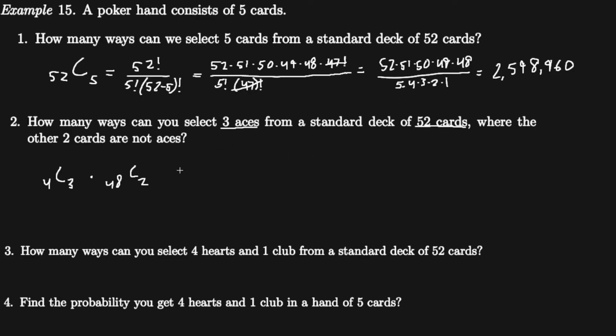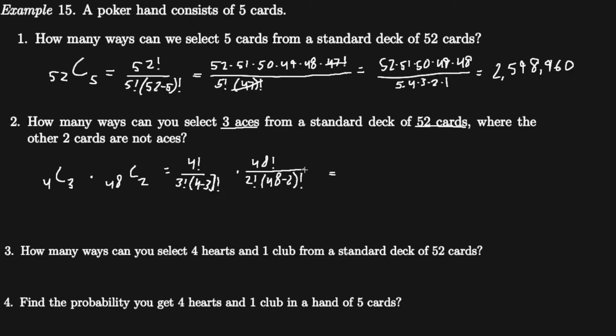So now we can just multiply these two. For the first part, it is 4 factorial over 3 factorial times 4 minus 3 factorial, multiplied by 48 factorial over 2 factorial times 48 minus 2 factorial.